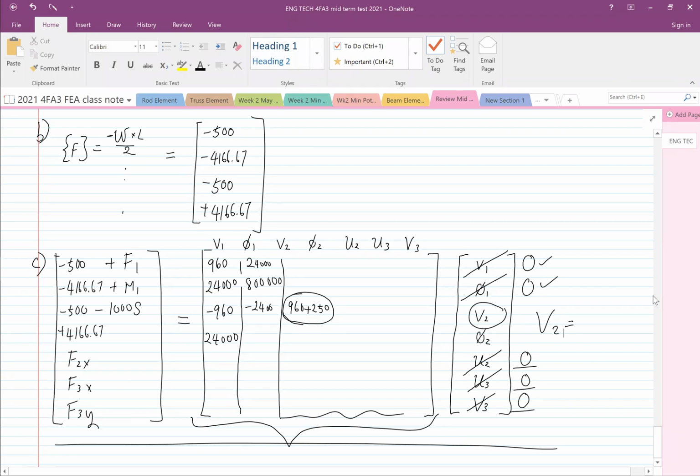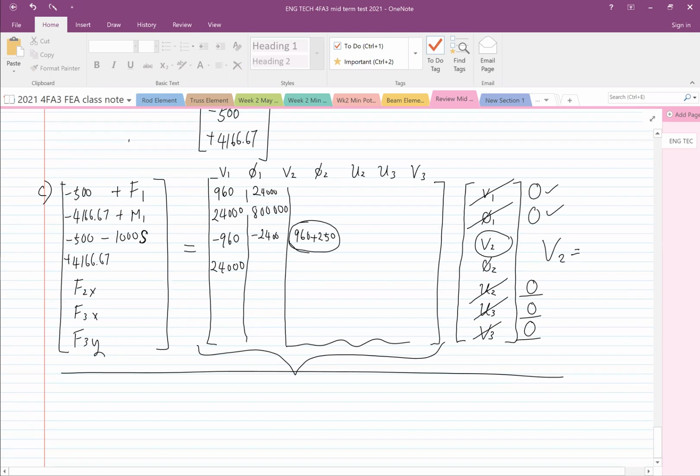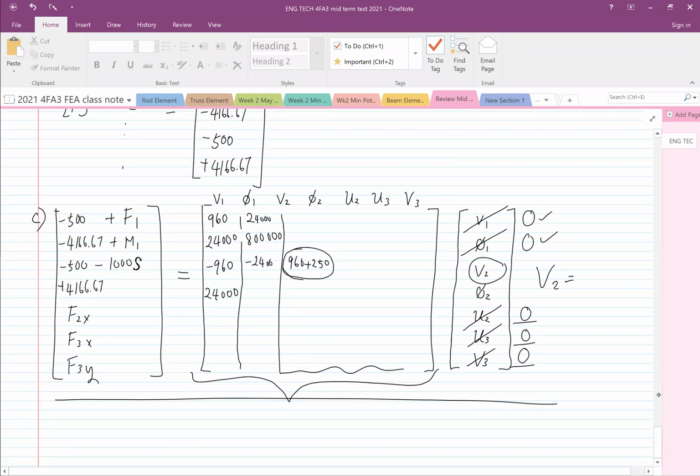V2 is different for each student, depends on your student number. Where are we now?